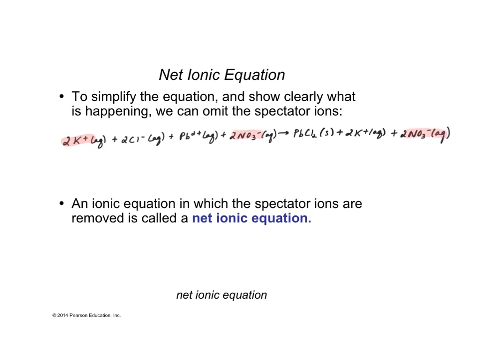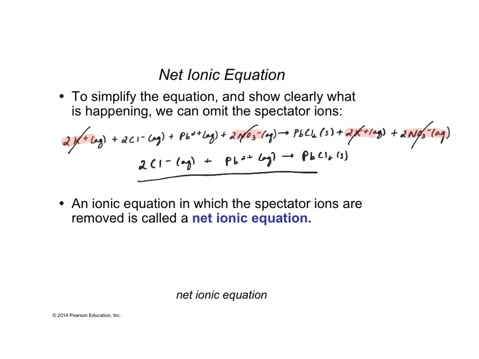And what we can do is get rid of them in our reaction. We can just go, hey, you don't do anything, you don't do anything, and be left with the real meat and potatoes of these precipitation reactions. So this ends up just being 2Cl- aqueous plus Pb2+ aqueous, going to make our PbCl2, which is a solid.